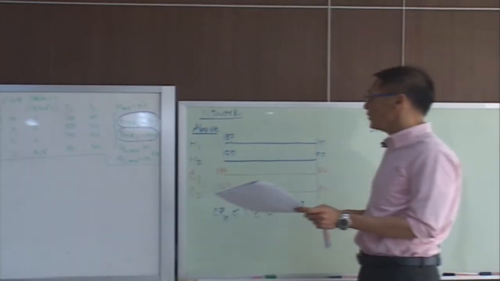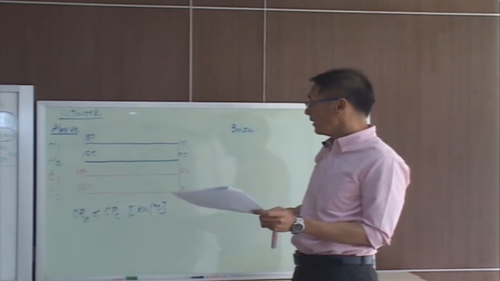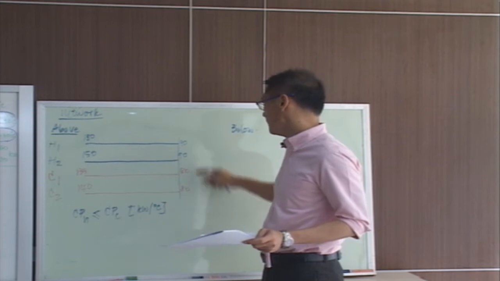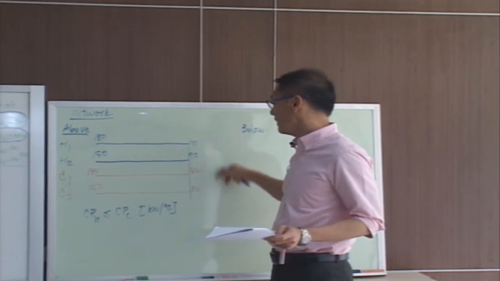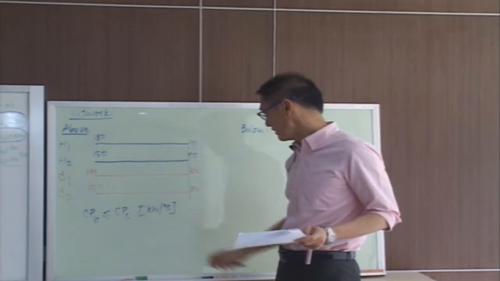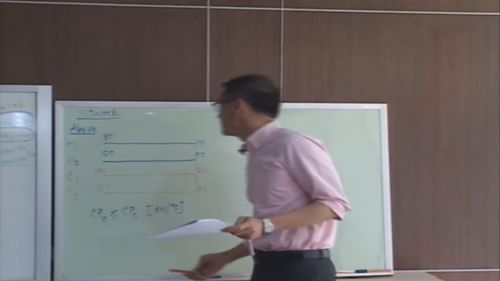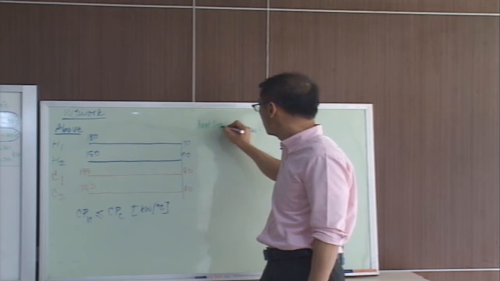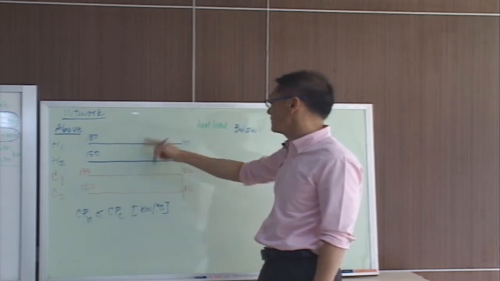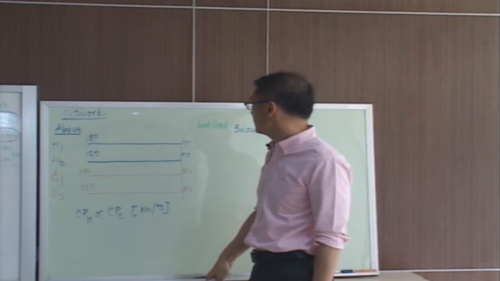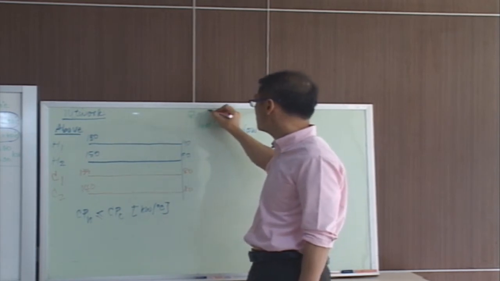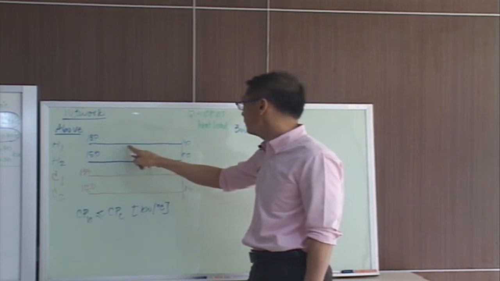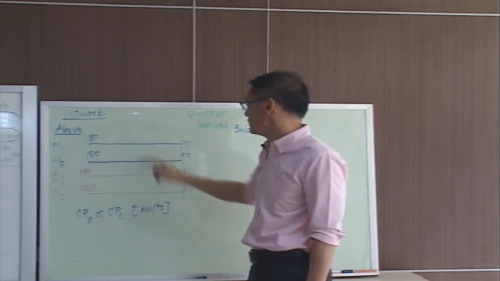as we mentioned before. So the next step is to find out how much heat load there is for each stream here, so we can consider whether they can exchange the heat or not. So the heat load on each stream is that Q equals Cp multiplied by delta T for each stream.